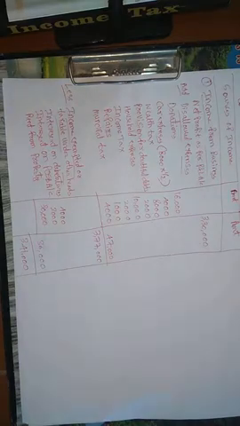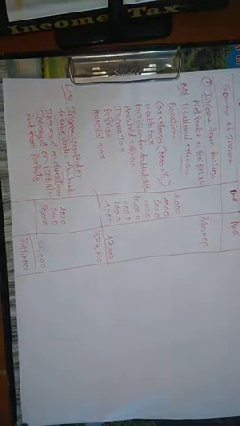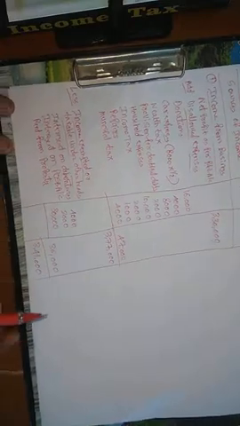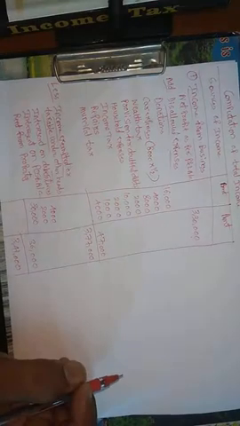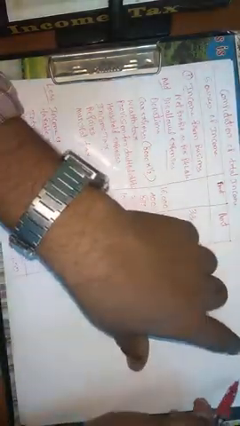Now let us come to the second head. Here we have completed the first head, right? No, this is still pending. There are some more expenses we have to remove. Those are not debited to P&L account. So we will continue with this format.